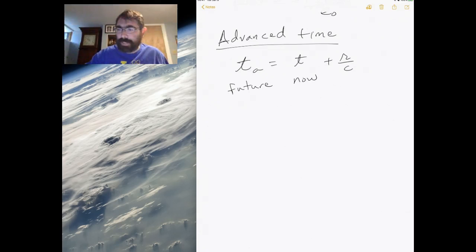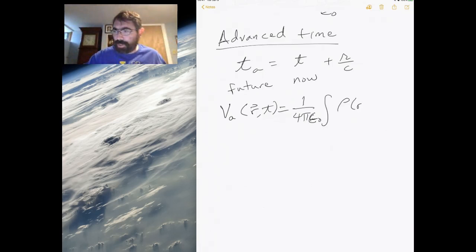And what you find is if I write the advanced potential, measuring the potential at a location r at some time now, I could then calculate that as a Coulomb's law for a charge distribution in the future. And you would find that you get the same result.